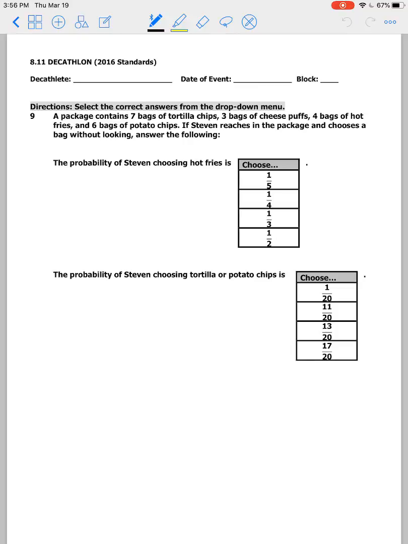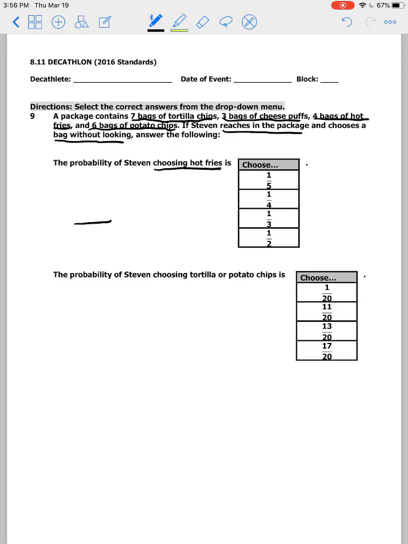Number 9. A package contains 7 bags of tortilla chips, 3 bags of cheese puffs, 4 bags of hot fries, and 6 bags of potato chips. So we got a lot of snack food going on here. If Stephen reaches in the package and chooses a bag without looking, we want the probability of choosing hot fries.